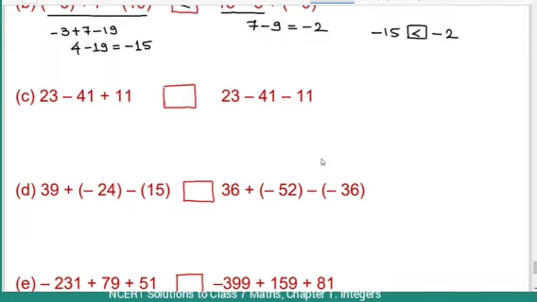C, 23 minus 41 plus 11. 23 plus 11 is 34, minus 41 is 34 minus 41 is minus 7.